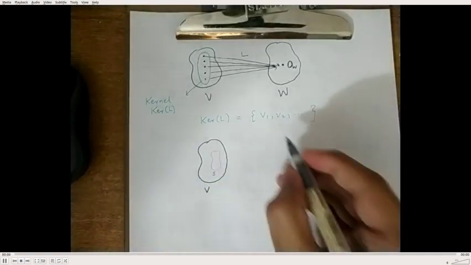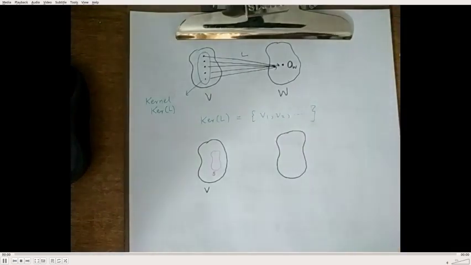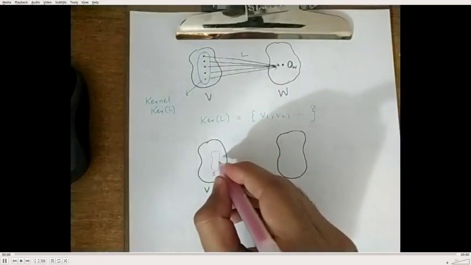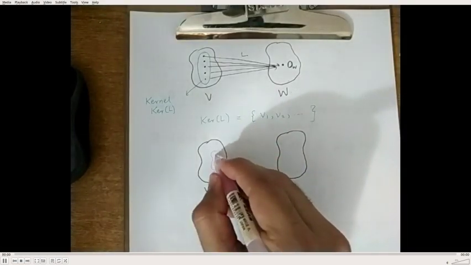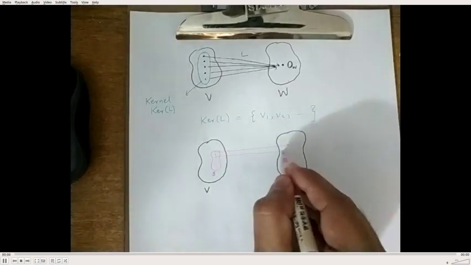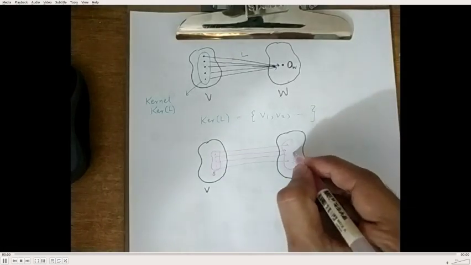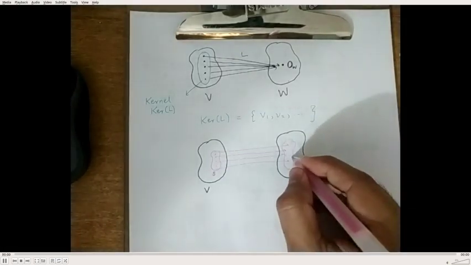The question is, what's going to be the image? Let's suppose we take this entire collection of vectors from this space and map them onto vectors in this space, and let's suppose we get another collection over here.